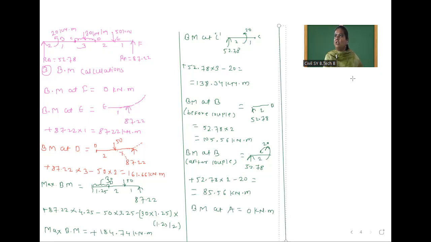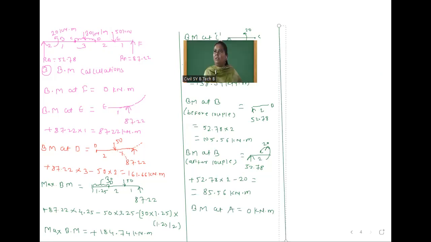Now we will draw shear force and bending moment diagram. First I will draw the original beam.